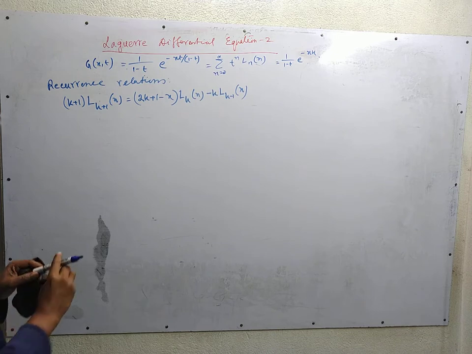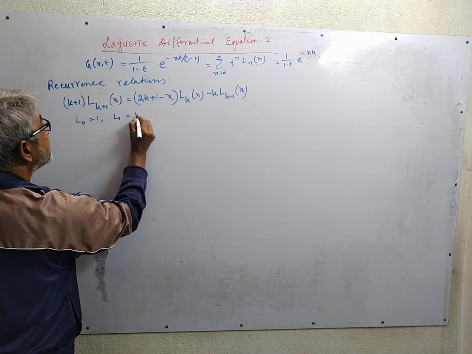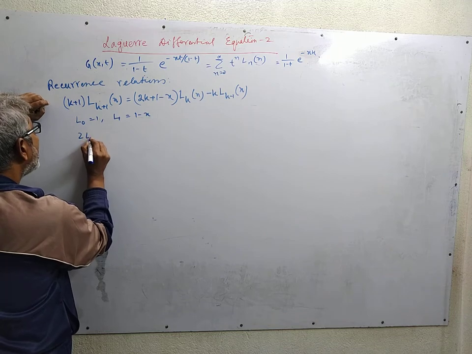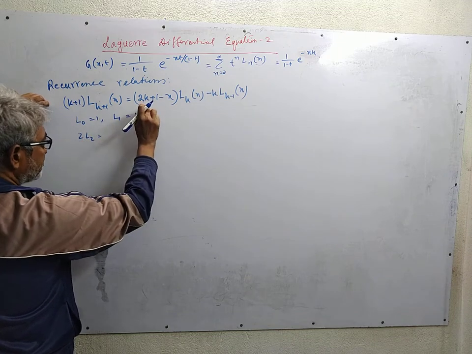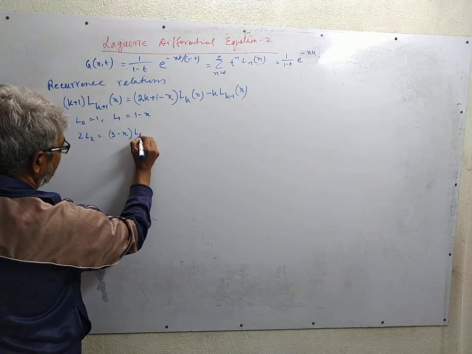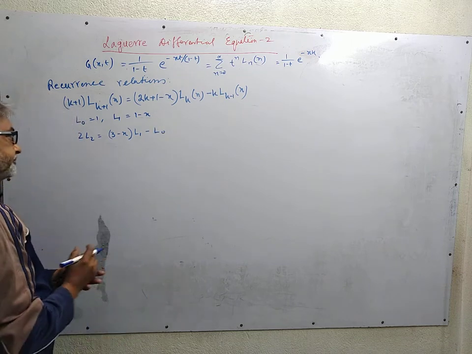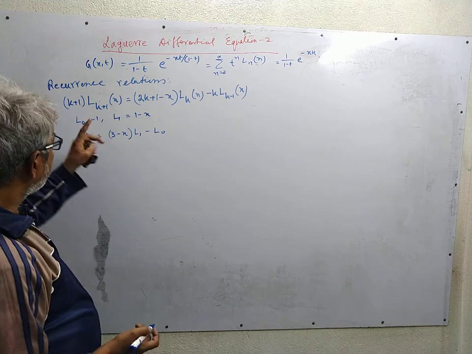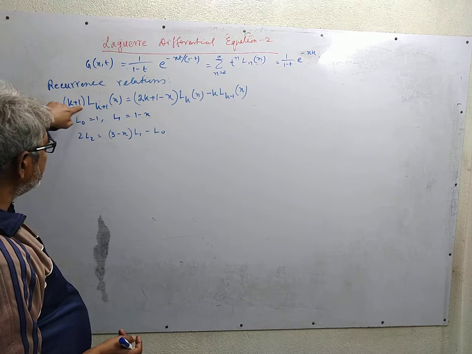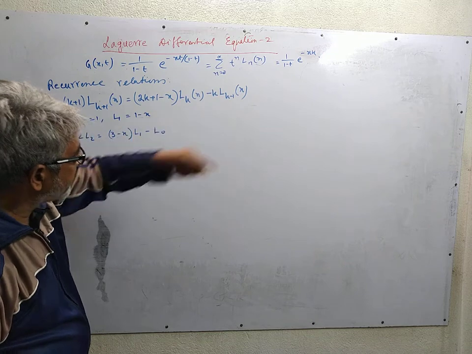To start with, we write L0 is 1 and L1 is equal to 1 minus x. If we put k is equal to 1, we get 2L2 is equal to (3 minus x) L1 minus L0. I have used k is equal to 1, so this is 1 plus 1, 2. This is 2 plus 1, 3 minus x, and k is equal to 1.